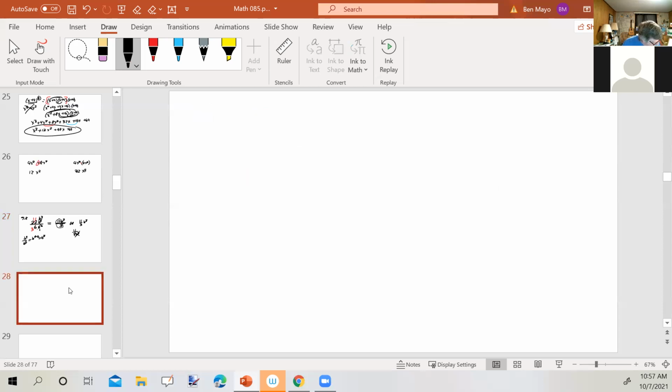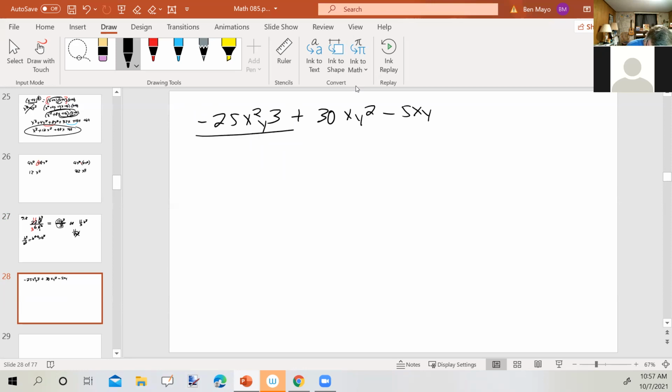Then we have a polynomial divided by a monomial. So we've got -25 x squared y cubed plus 30 xy squared minus 5xy all over -5x squared y squared.